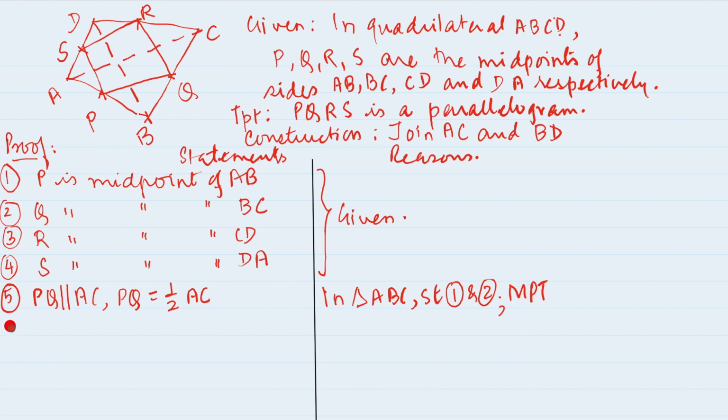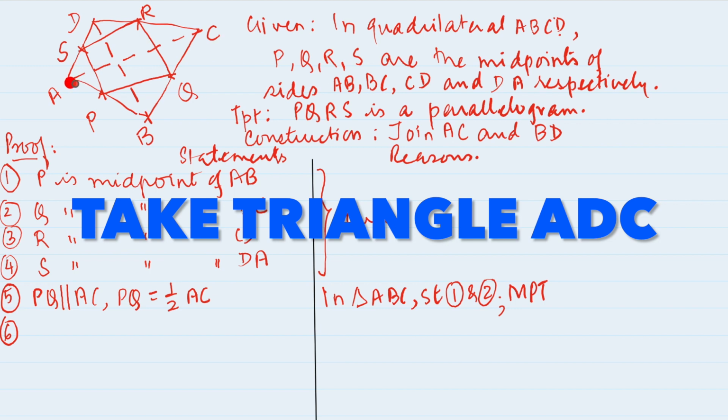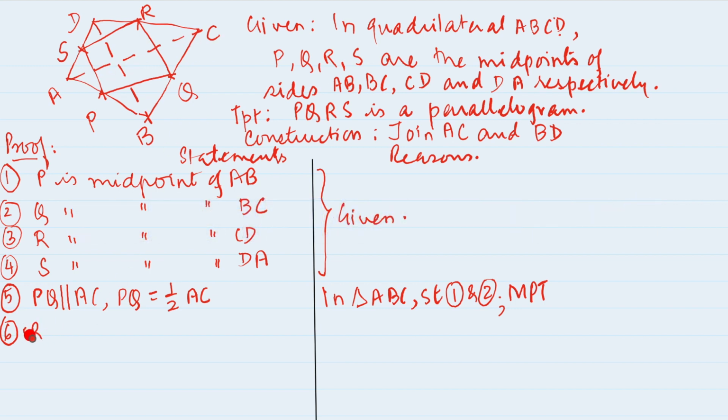Okay, we come to the 6th. Now PQ is parallel to AC. It should be parallel to RS also. PQ should be parallel to SR. That means R and S midpoints, which means I have to take triangle ADC, and I'll say that SR is parallel to AC, and SR is equal to half of AC.